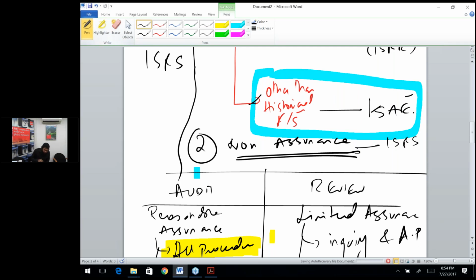First of all, you see, an entity prepares a lot of information which does not pertain to historical financials. For example, an entity might prepare forecasted financials. When you go to a bank for a loan, the bank would require you to give forecasted financials.